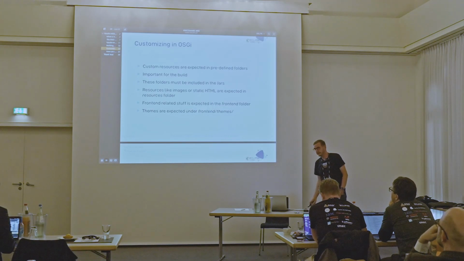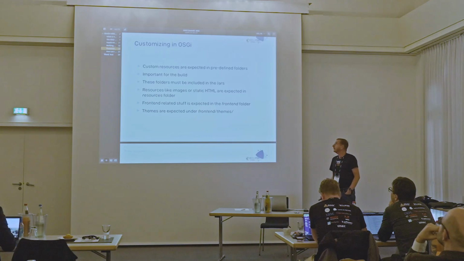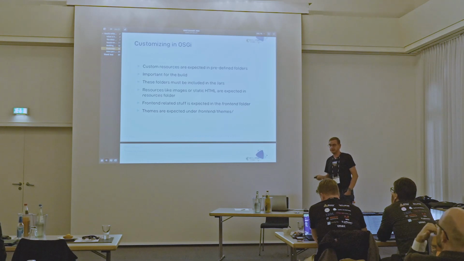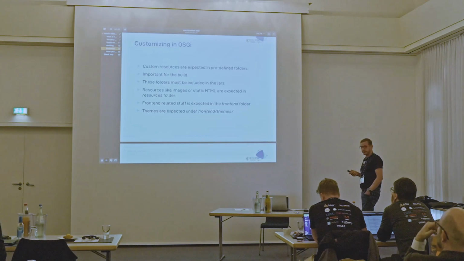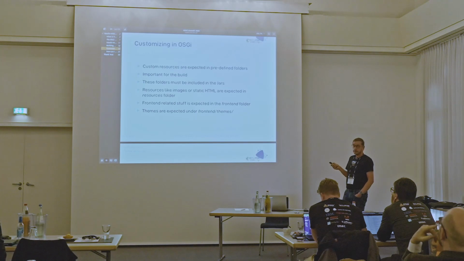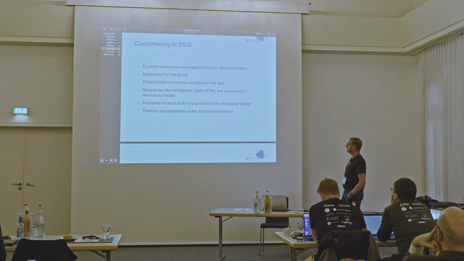How do we deal with that in OSGi? We have to know that Vaadin expects certain UI elements in certain folders, and these folders are currently predefined in Vaadin. So this is important to know in the build. I can show you some of these extensions, and you only have to know that you have to package these folders in your jar. You don't have to forget that.